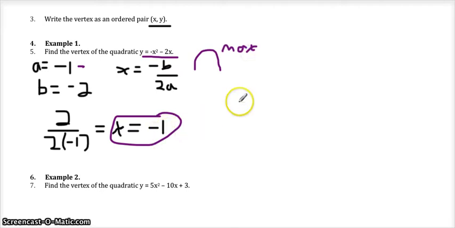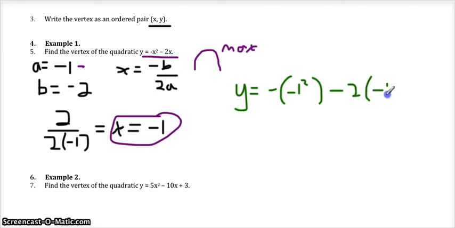Okay, so let's go ahead and substitute this in. We have y equals negative parentheses negative 1 squared minus 2 times negative 1. Negative 1, and negative 2 times negative 1 is positive 2.